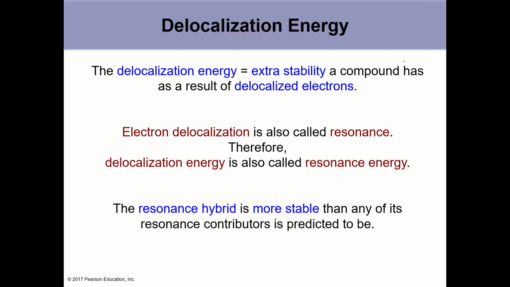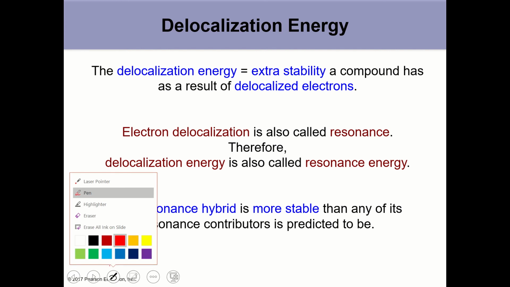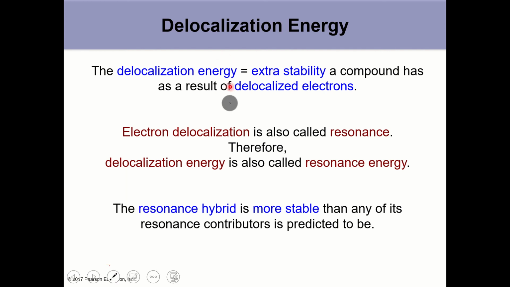Delocalized electron energy. Delocalized electron energy equals extra stability in the compound, because delocalized electron movement, well, we'll have to show you the energy for hydrogenation to explain this, but delocalized electron energy gives extra stability, and delocalized energy only results if there are delocalized electrons.